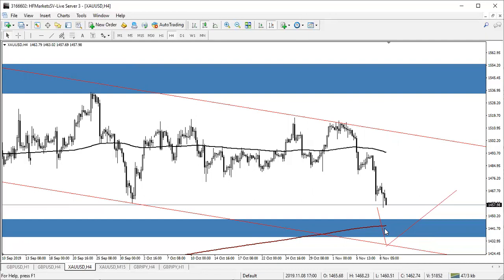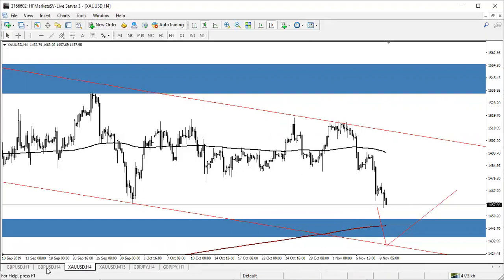So as usual, we wait, get our price action patterns and join the continuation, or wait for a price action pattern, then we join the rejection to the upside. That is our perspective on gold.